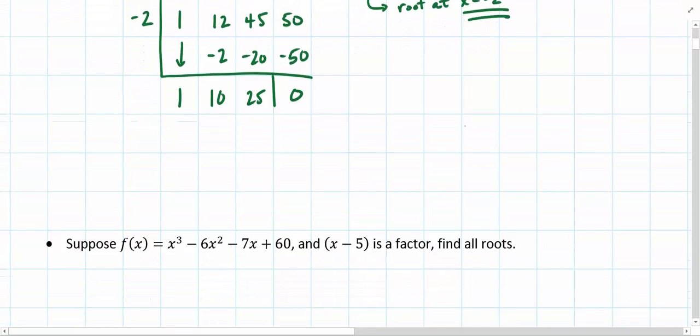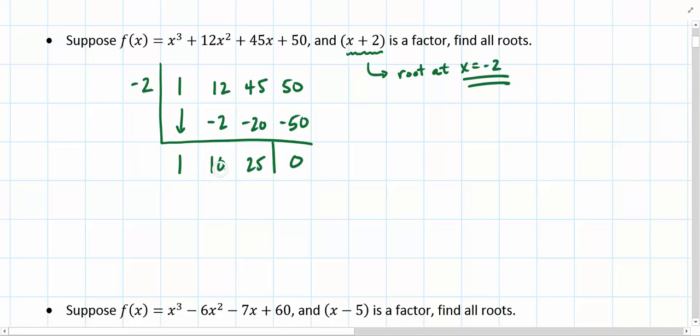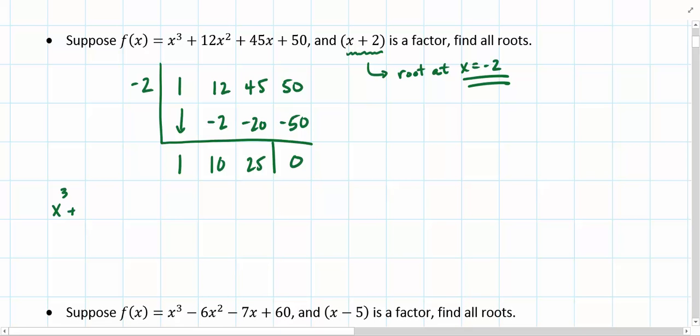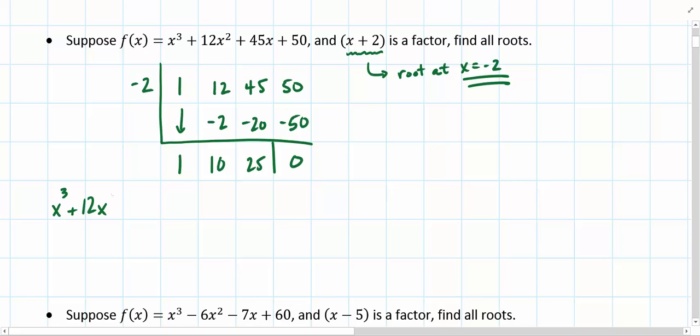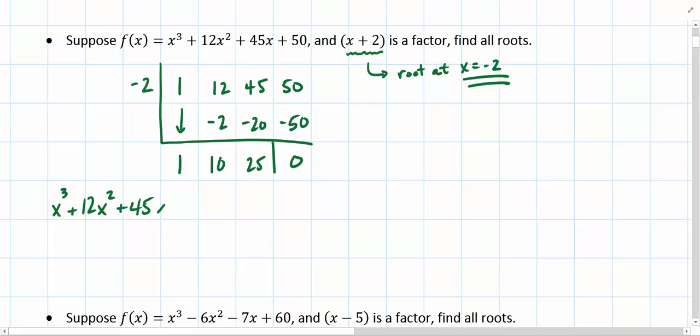Now, what I want you to recognize here is that this really tells us a couple things about the polynomial. The original polynomial was x cubed plus 12x squared plus 45x plus 50.